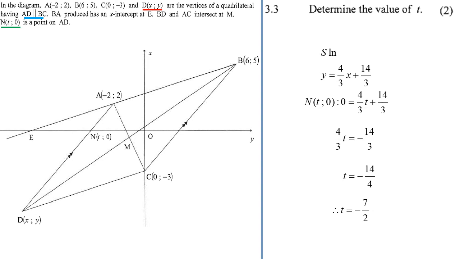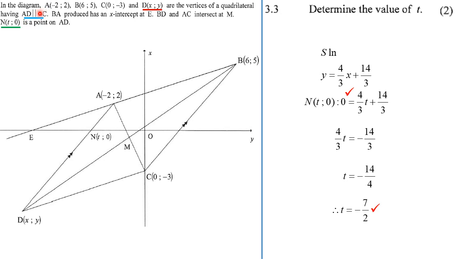Okay, we can actually mark it. You get a mark for substituting the point n with coordinates t and 0, and then from there you get a mark for the final solution. How hard is that? Very, very simple. Okay, so let's check what we've actually underlined thus far.